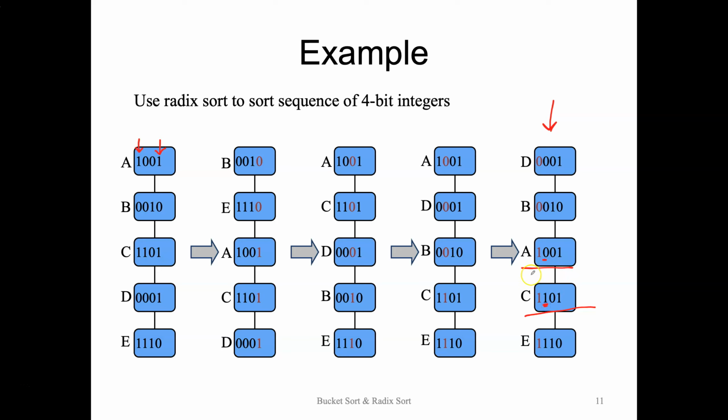And why A comes before C is because in the last stable sort that we did here, we found that A has a 0 in that second bit position, and C has a 1 in that second bit position, and so we preserved this order. When we ran that bucket sort our last time, since they have the same first bit here, then we kept the same order that they had in the previous time that we ordered them.